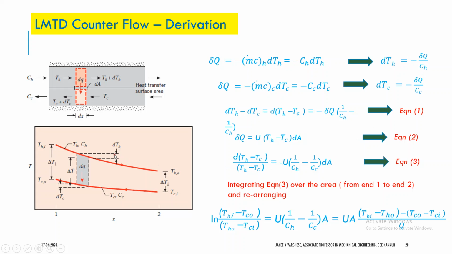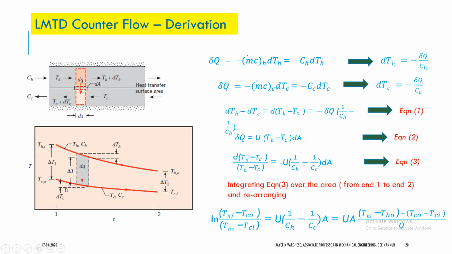Here again we can see that the hot fluid, when it flows from first end to the second end in the positive direction, this slope is negative, so in order to make this positive, we introduce a negative sign, so that delta q is equal to minus ch dth as before, or dth is written like this.